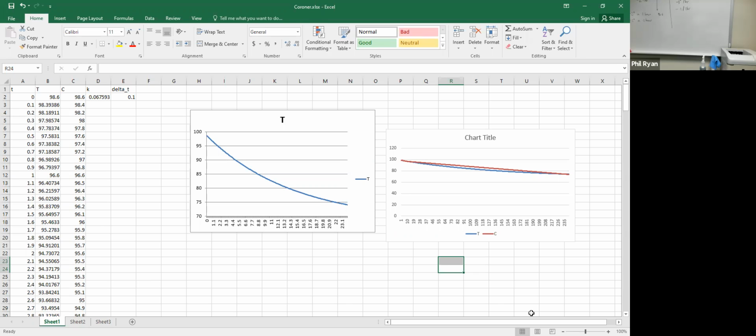Okay, so do subtract minus 1. So you can say equal C12 minus 0.1. Okay, now copy and paste that. How are you going? Yep, okay, you're doing good.